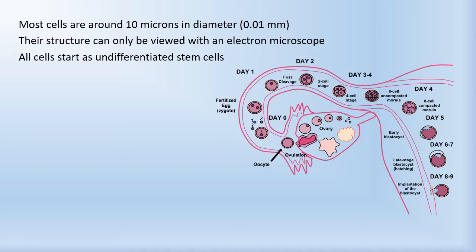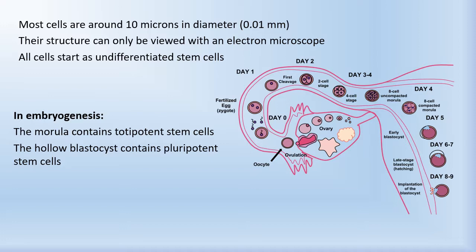Look at the diagram and identify the morula and the blastocyst. When fertilized, a collection of totipotent stem cells, these are stem cells that can become any type of cell, forms a morula, and this has about 16 cells.